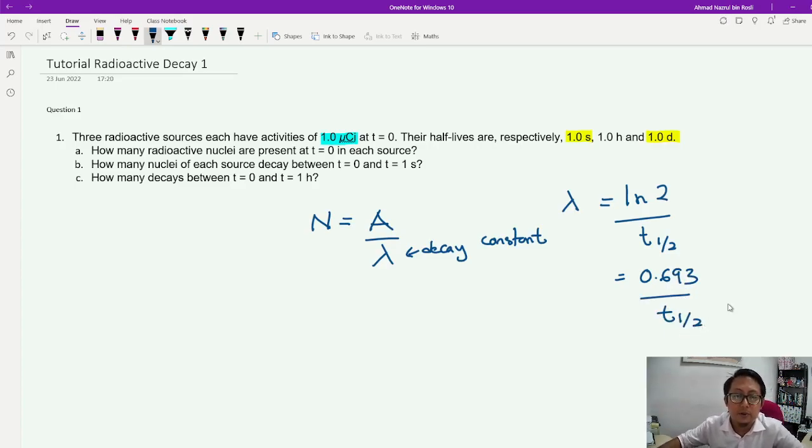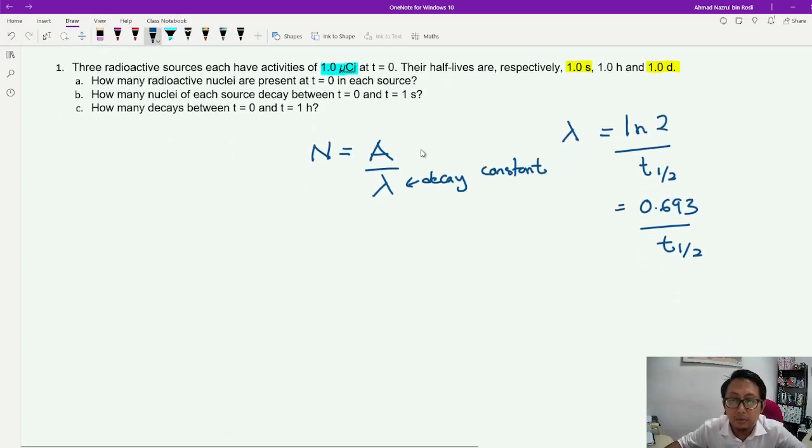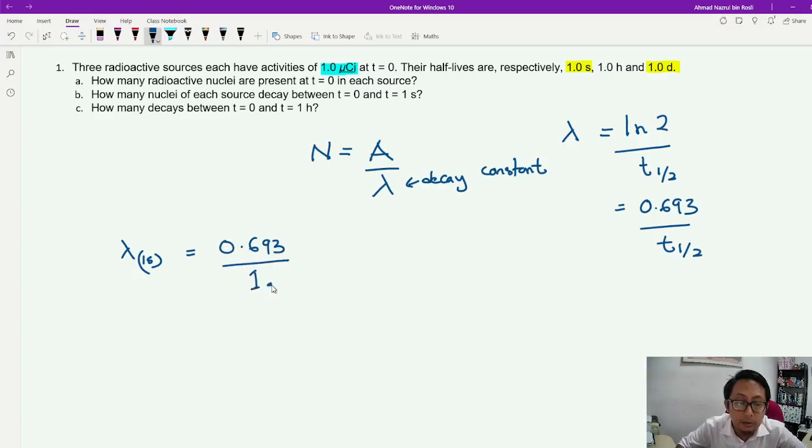So we should start with N equals A over lambda. Find lambda first for 1 second. Lambda for 1 second is equal to 0.693 over 1 second, so we have 0.693 decays per second as the decay constant. Then find N for half-life 1 second.